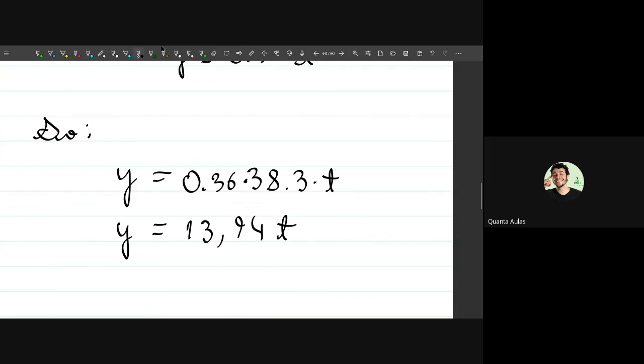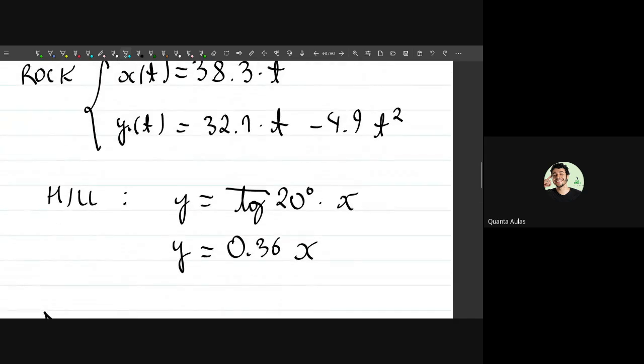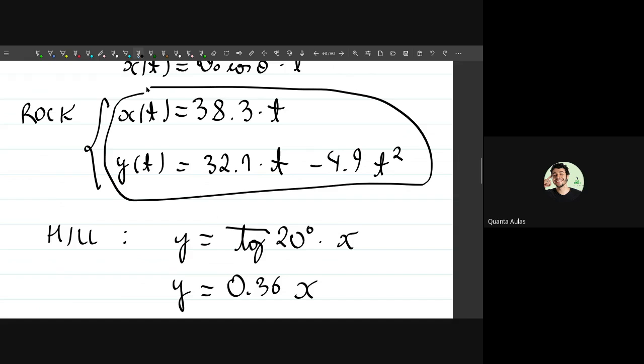This expression is an interception using the information of the hill and the x-axis. But at this moment, we have two variables, so I cannot take any value here. I need one more equation, and one more equation can be this one, because these two equations give us the position of the rock at some time.